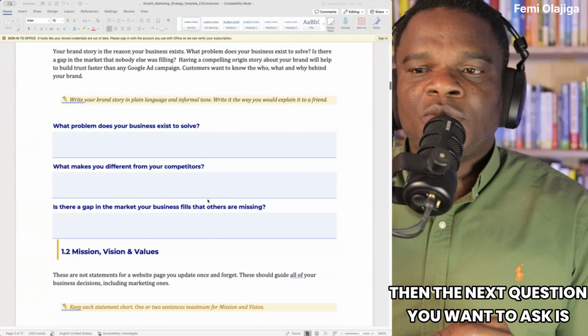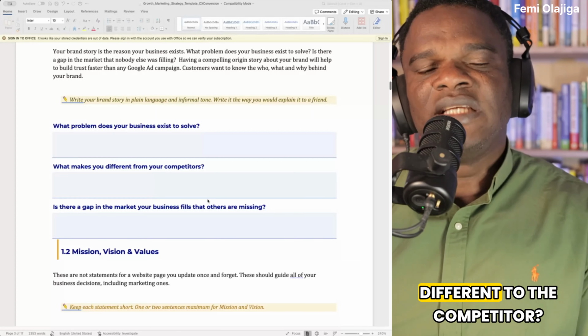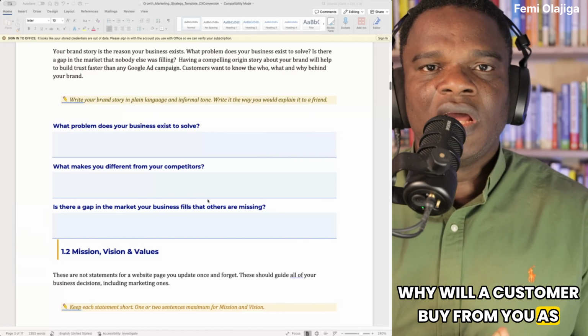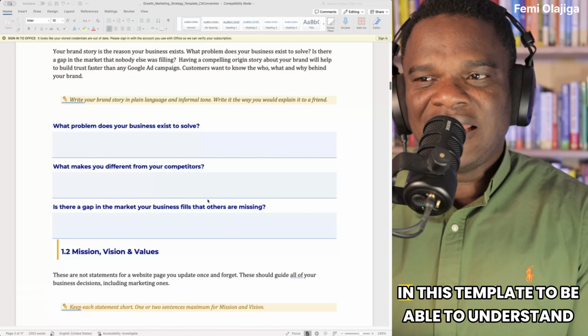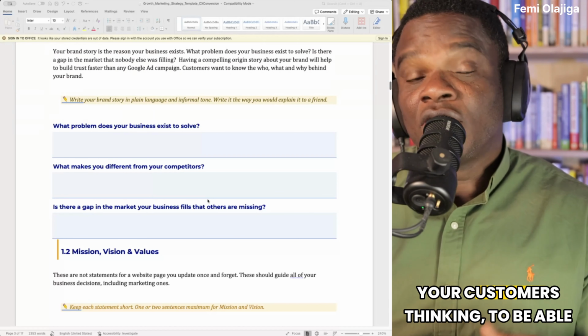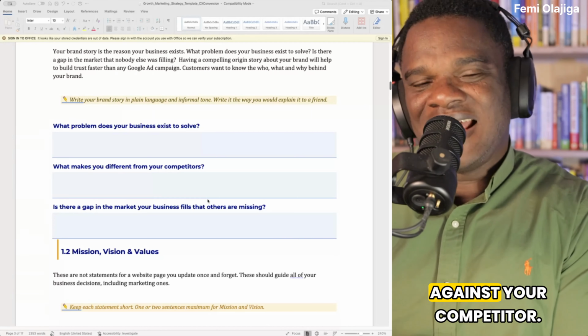Then the next question you want to ask is, what exactly makes you and your company different from the competitor? Why will a customer buy from you as opposed to your competitor? Again, you need to answer this question in this template to be able to understand your customer's thinking, and to understand how to position yourself against your competitor.